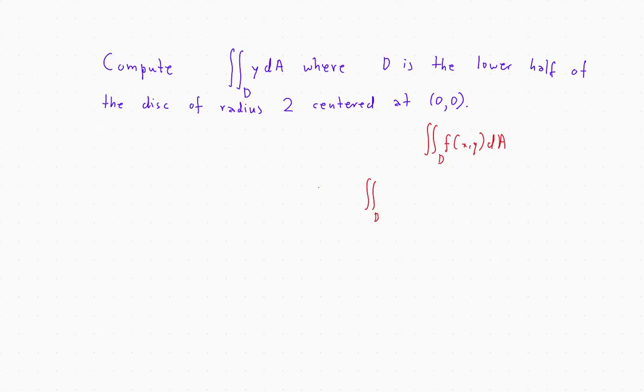That's the first thing. The second thing is that we need to rewrite the integrand in terms of r and theta. So x will become r cosine theta, and y will become r sine theta. So that's the second thing to do, take care of the integrand.